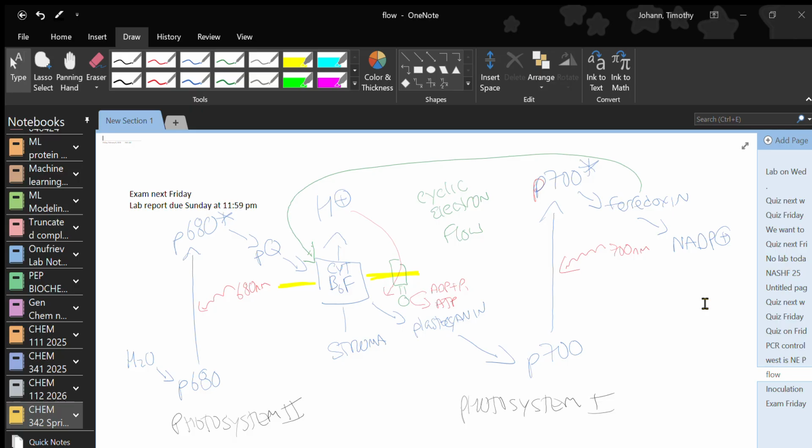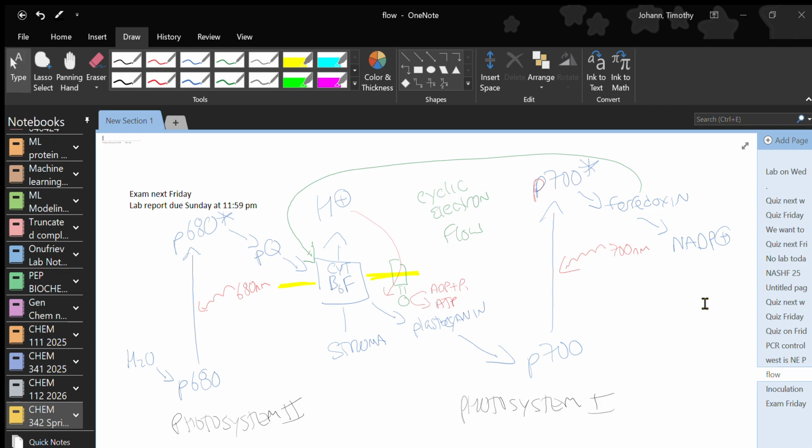So ferredoxin has the electrons. It can hand those electrons off to NADPH. But if it's important for that cell to have more ATP relative to NADPH, and sometimes it is, and I don't really know what the conditions are, you can take those electrons and pass them back to this complex and run them in a circle, pumping them around using the energy from this 700 nanometer light.